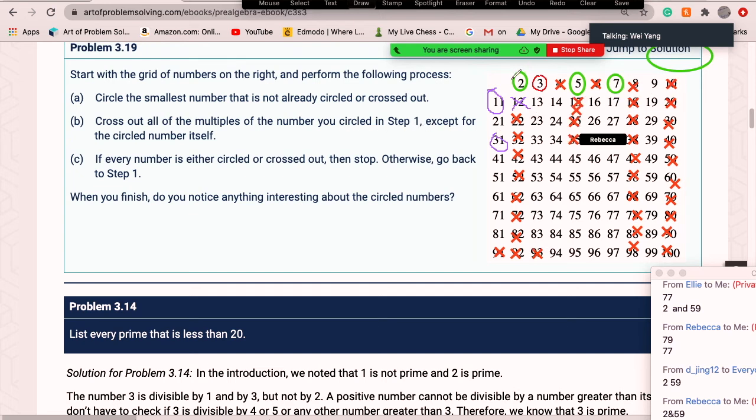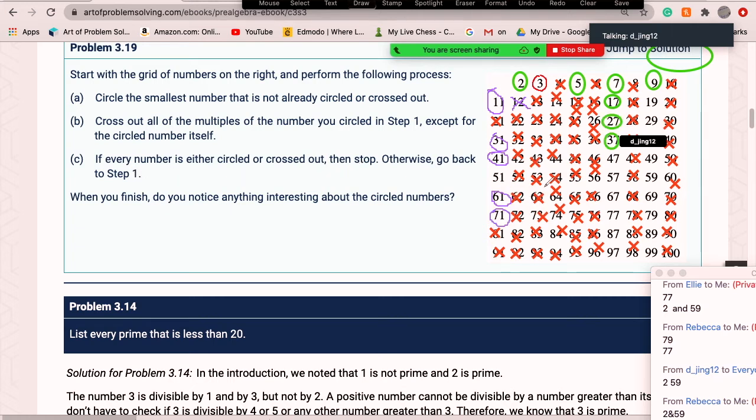So if you circle 2, you cross out all the multiples of 2, which means you take all the even numbers away, except the circled 2 itself, which you keep. Then if every number is either circled or crossed out, you stop. Otherwise, go back to step 1.